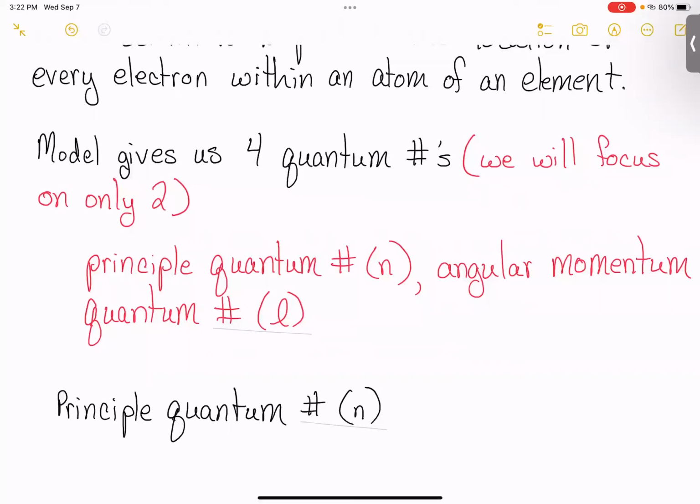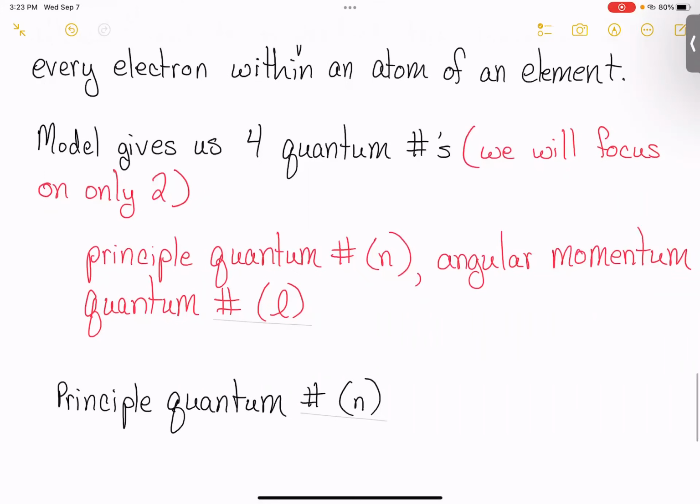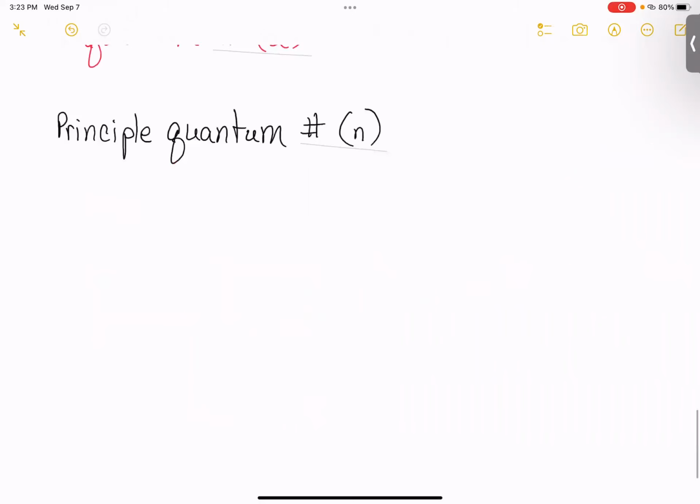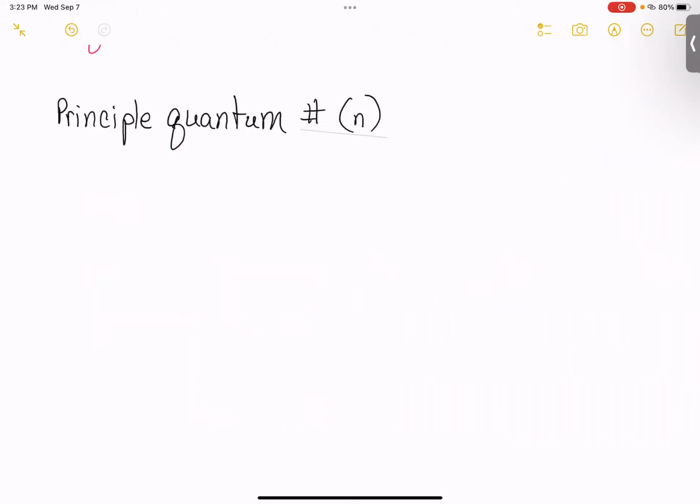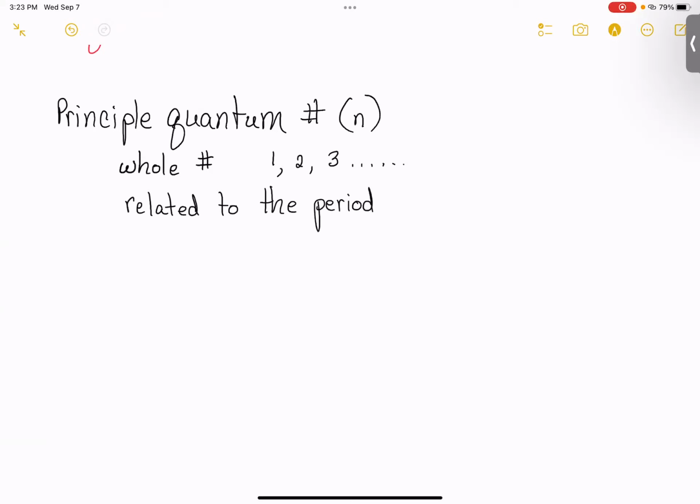The principal quantum number is a whole number. It is going to be 1, 2, 3, and so on and so forth. The principal quantum number is related to the period number of an element.